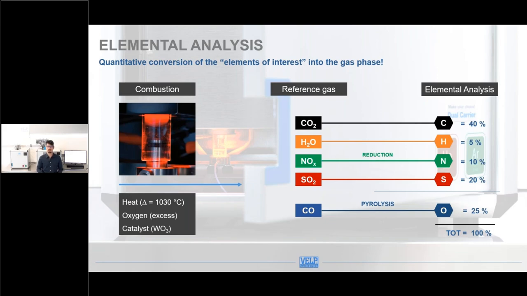And we will see later with Roberto that the samples are introduced into the combustion furnace at high temperature, generally above 1000 degrees Celsius, in the presence of a catalyst and in excess of pure oxygen gas, in order to convert the elemental components into gaseous oxidation products, which then are quantitatively determined by means of a detector, in this case of the EMA 502, the TCD, thermal conductivity detector.